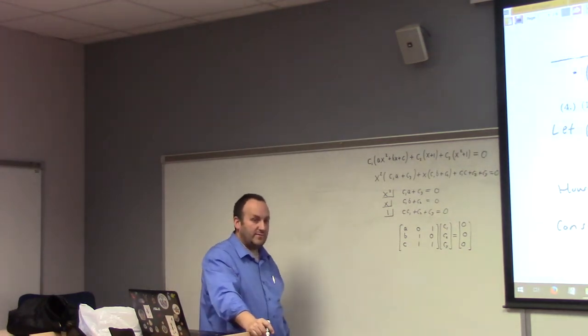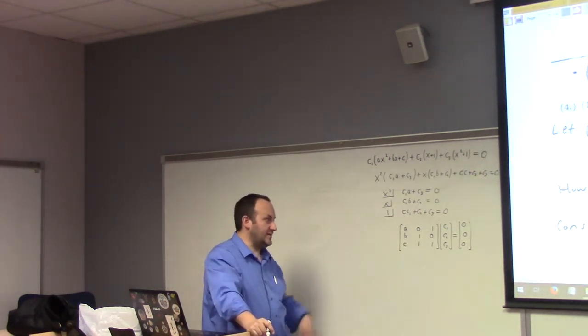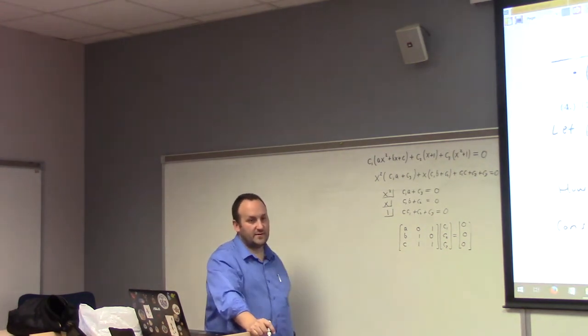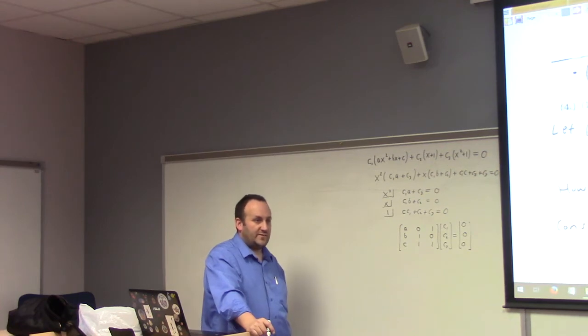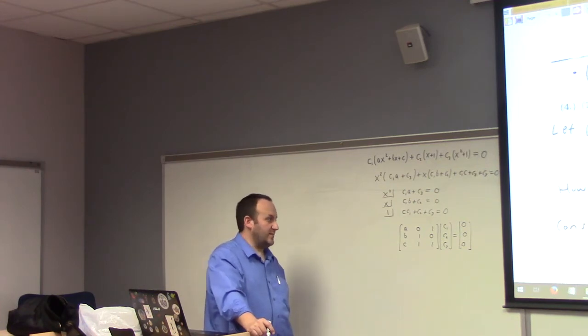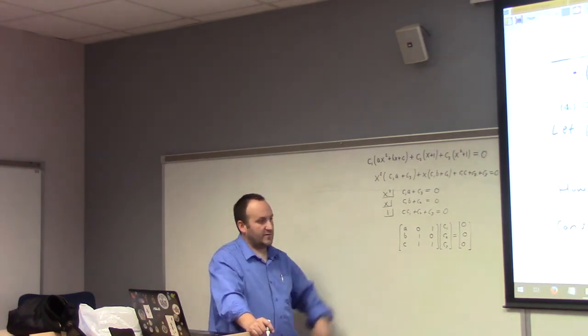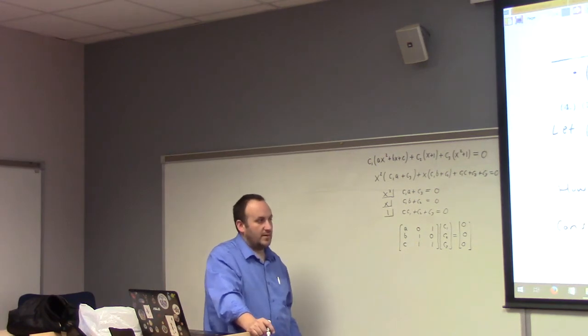So again, I'm driven back to seeing that I need the determinant of that matrix to be non-zero. This would have been another completely logical way to solve problem 4, right? And when you calculate the determinant of that matrix, we get a plus b minus c not equal to 0.